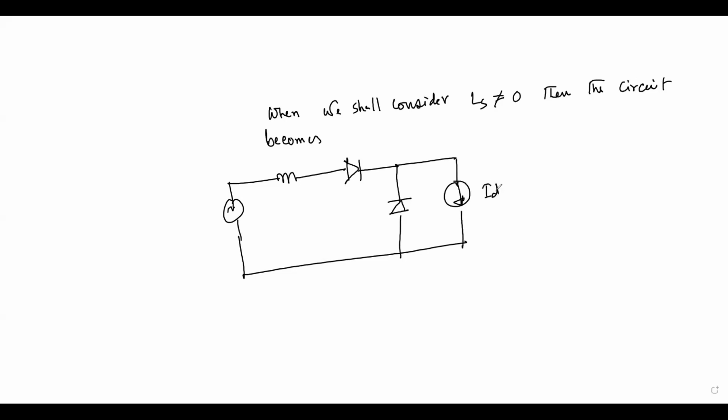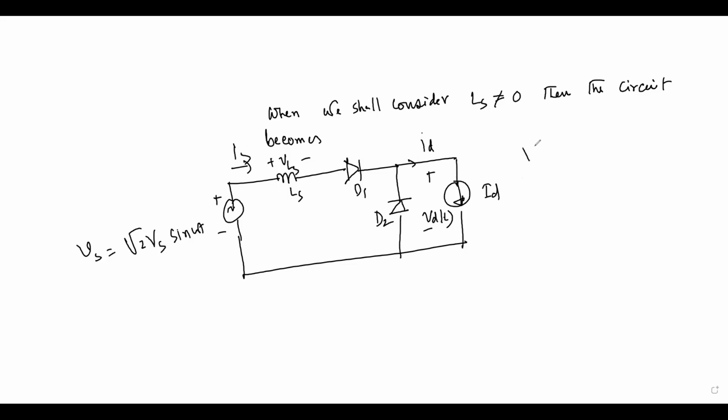This is your load, and this is the load voltage. This is D2, this is your Q1, this is your Ls. So Vs equal to root 2 Vs sine of omega t, and then this is your Is, and this will be your VLS, and this is your ID.